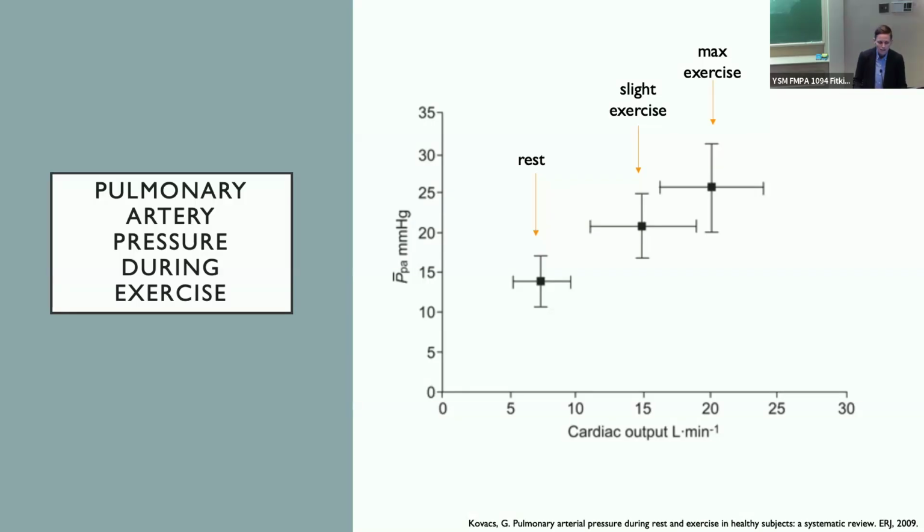Importantly, while most healthy subjects can maintain a peak pulmonary artery pressure during exercise below 30 millimeters of mercury, a significant minority, roughly 20%, exceed this threshold. This has also been observed in highly trained athletes where the upper limit of normal pulmonary artery pressure can approach up to 40 millimeters of mercury during exercise, reflecting their marked rise in stroke volume and cardiac output.